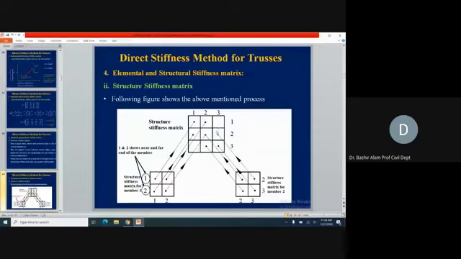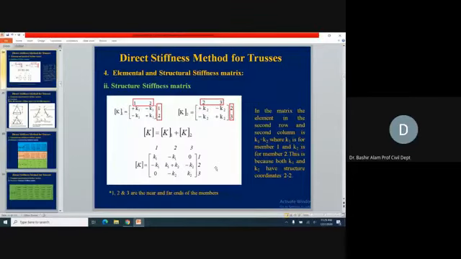They don't have any connectivity, so they are not contributing to the 3, 1 and 1, 3 positions. So this is how we will make the structural stiffness matrix from the member stiffness matrix. They will be added up. When we get to the real problems, we'll be discussing it, but this will be running in the background.